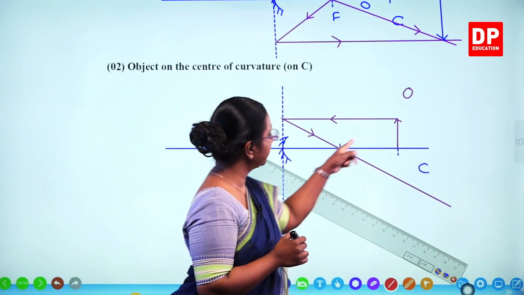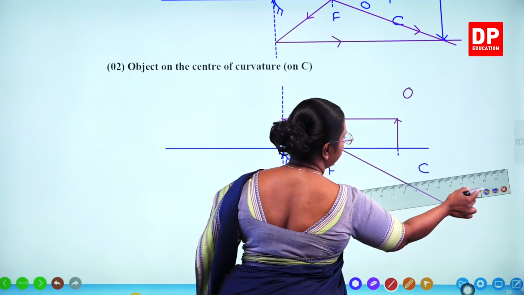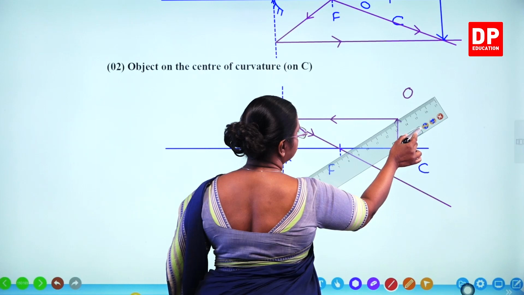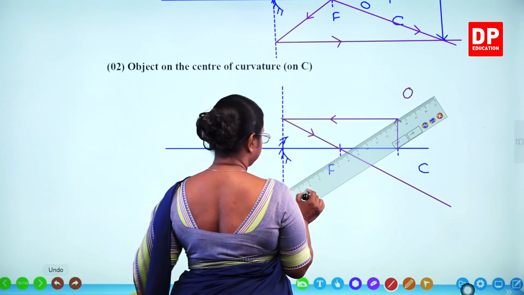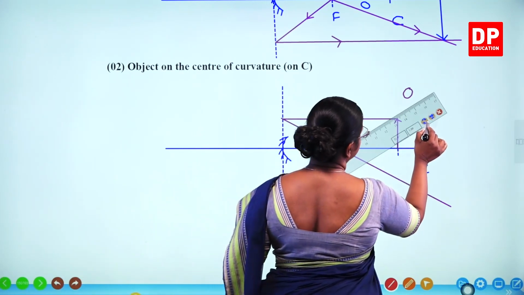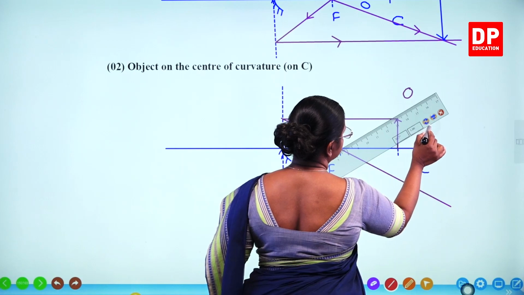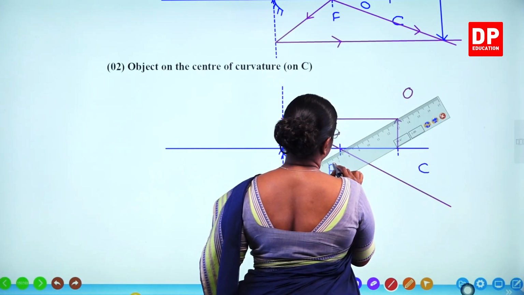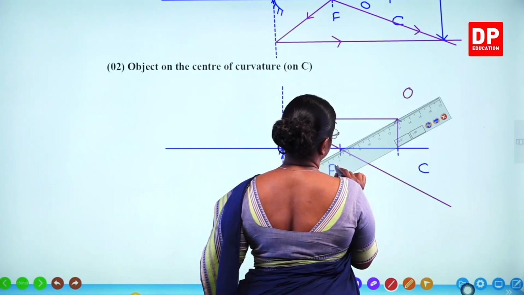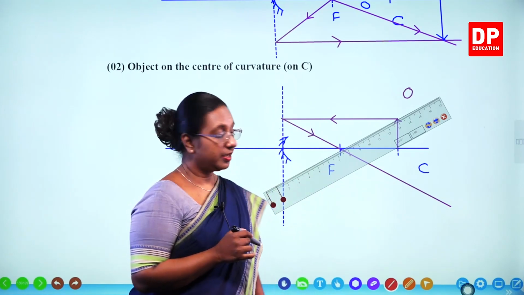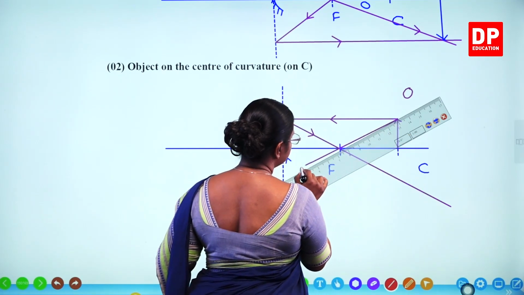Then what is the second ray? We can use a ray coming through the F. Coming along F. So another ray going through F. So I will draw the ray.